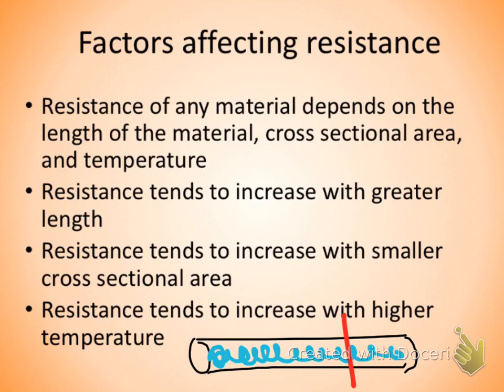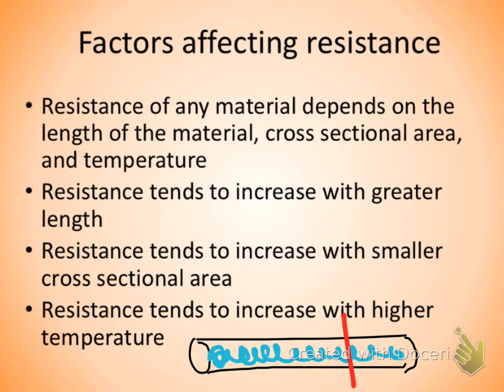The farther you have to go in that pipe, typically the higher the resistance. So if you have current traveling through a meter of wire versus a couple centimeters of wire, you're going to have higher resistance over a longer distance. The smaller the wire, the higher the resistance tends to be. Just like with a water pipe, smaller diameter means higher resistance. Smaller cross-sectional area tends to mean higher resistance.